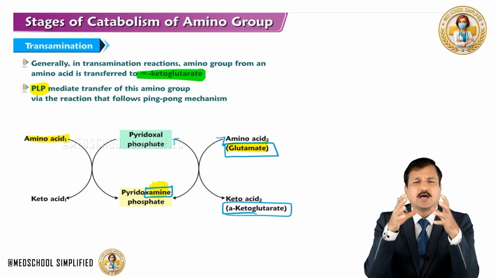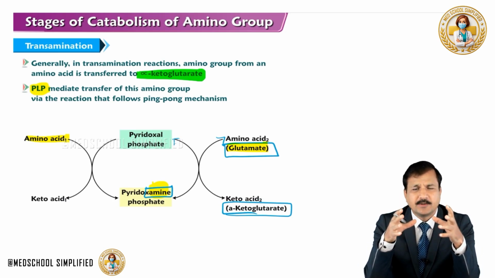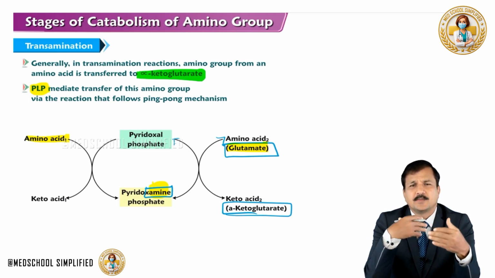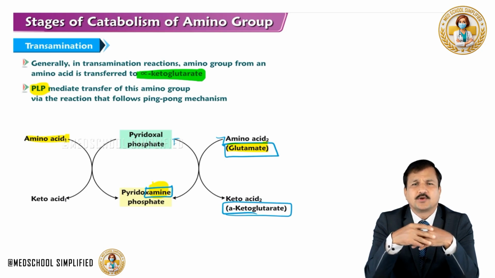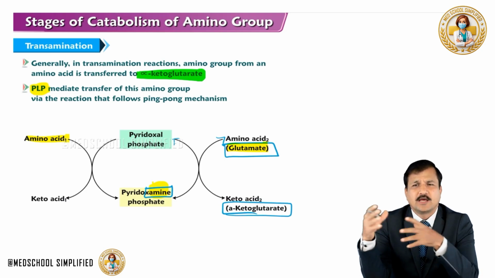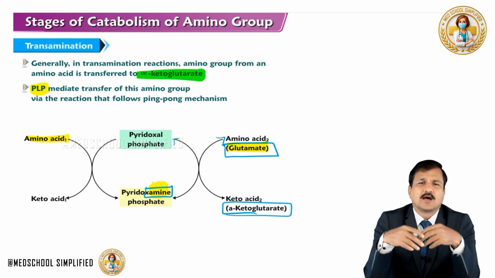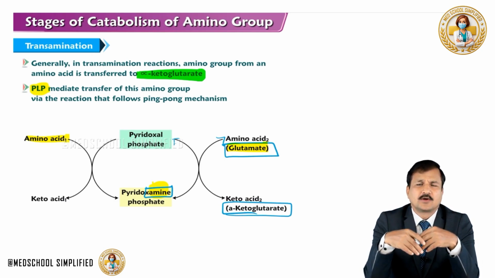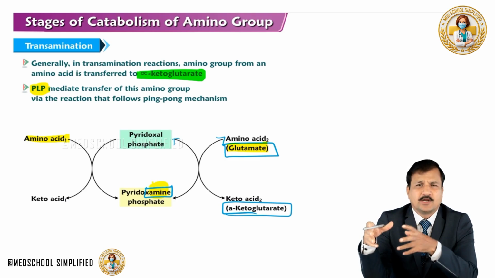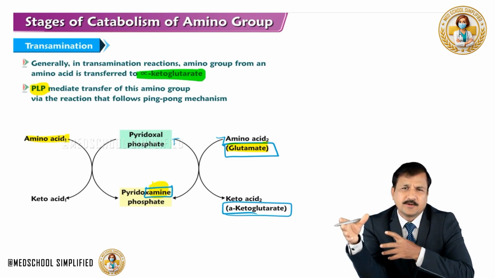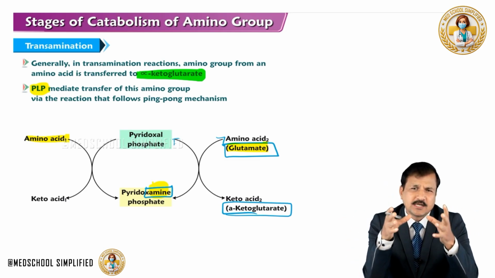So it is easier to handle a single amino acid, glutamate, to take that into the liver for the deamination process, and then put that amino group into the urea cycle so that urea is thrown out of our body. Instead of having multiple amino acids carrying amino groups, it is easier to handle one amino acid which is bringing amino groups from all the other amino acids and transporting them to the liver.